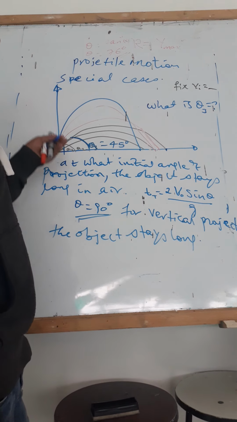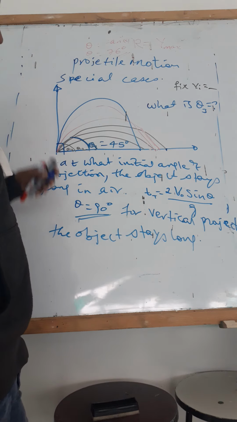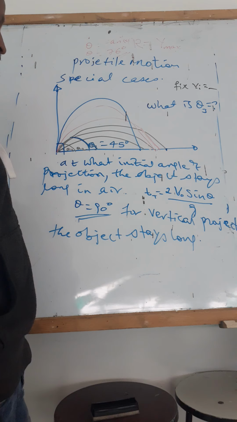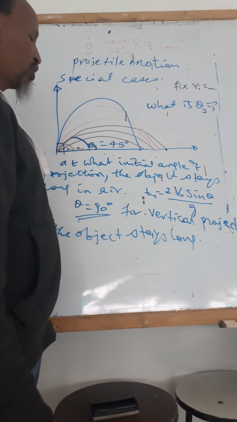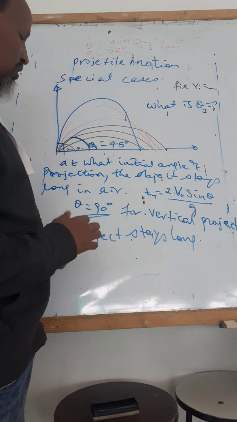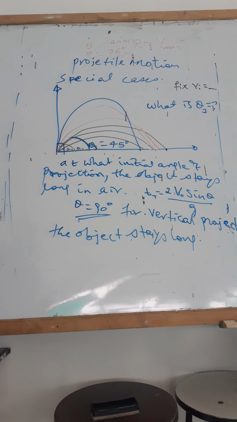Physically, you can say because it is going to move up against gravity, its velocity decreases, and it will come back. There is no constant or uniform motion. In that case, only uniformly accelerated motion is happening, and we will observe a reverse motion, upward projection and free fall. Due to that, the time is going to be longer if you project an object vertically up at 90 degrees, keeping the velocity fixed or constant.